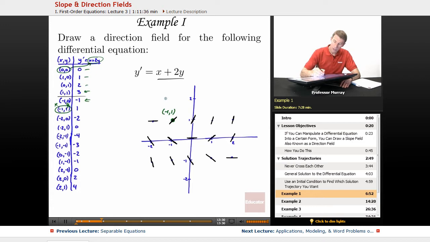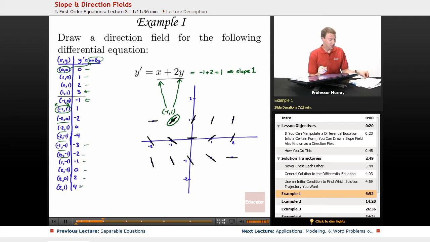And when you plug negative 1, 1 into the differential equation, that means x is negative 1, y is 1. So y prime for that particular point comes out to be negative 1 plus 2, which is 1. So that's why we go with slope 1. And that's how I got this hash mark with slope 1 right there. And so what I just did was I did that for every single point here. I found a y prime and I drew a little hash mark at each place.